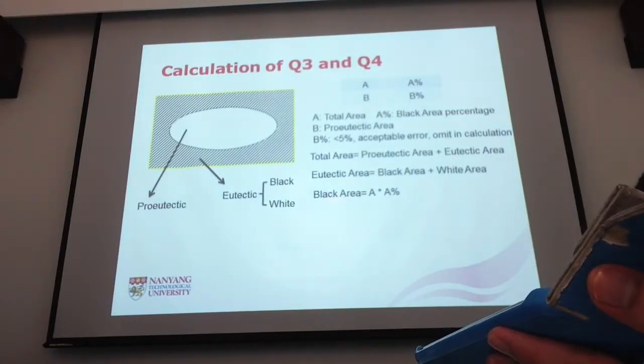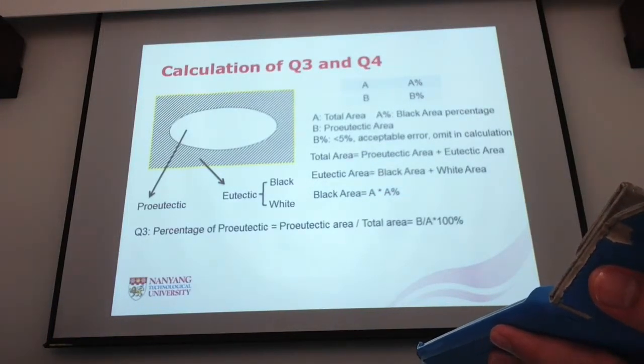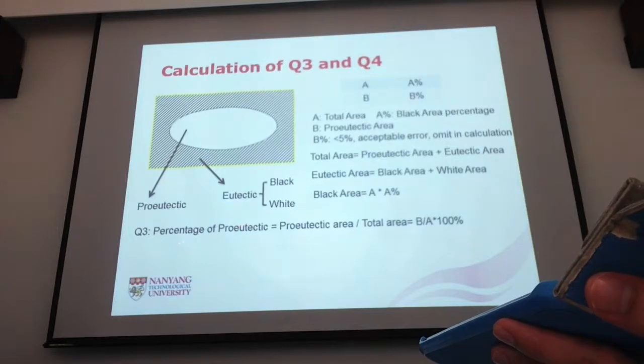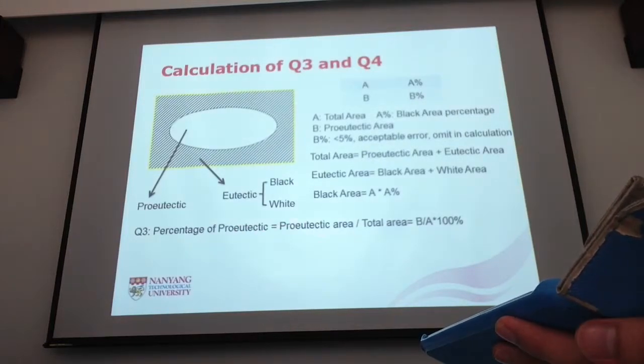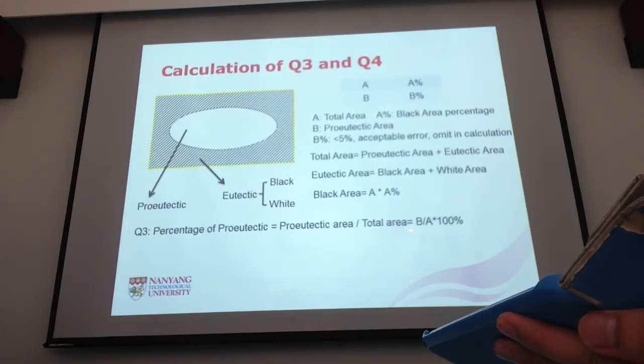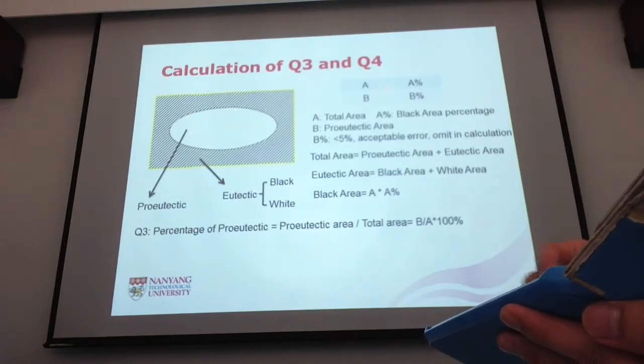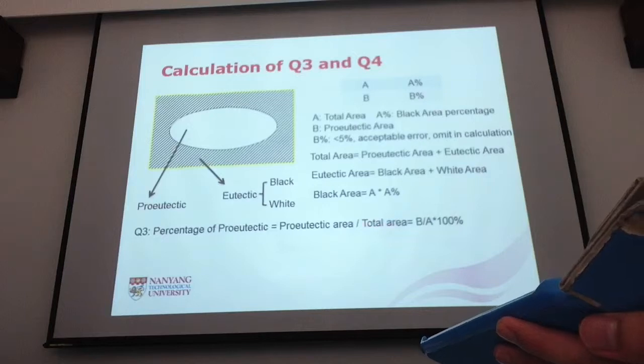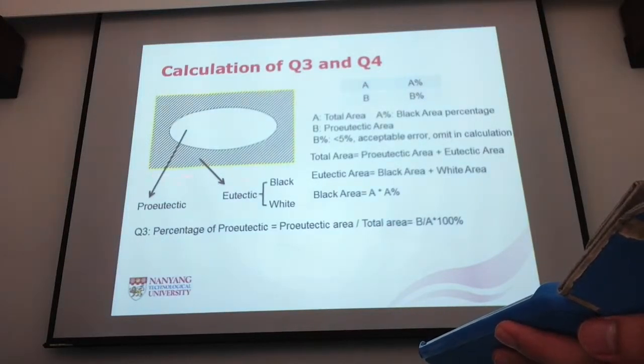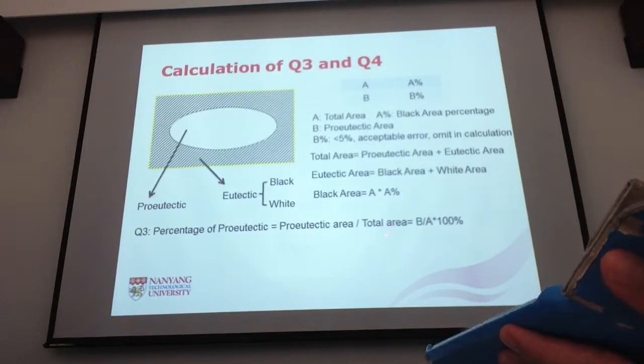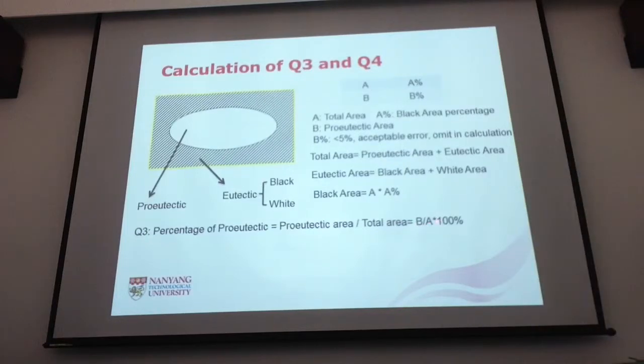So black area is A multiplied by the A percentage. Question 3 is to calculate the proeutectic percentage, which is the proeutectic area divided by the total area. The proeutectic area is this hand-drawn area, B, and the total area is your selected area, A. So question 3 is easy: B divided by A multiplied by 100%.